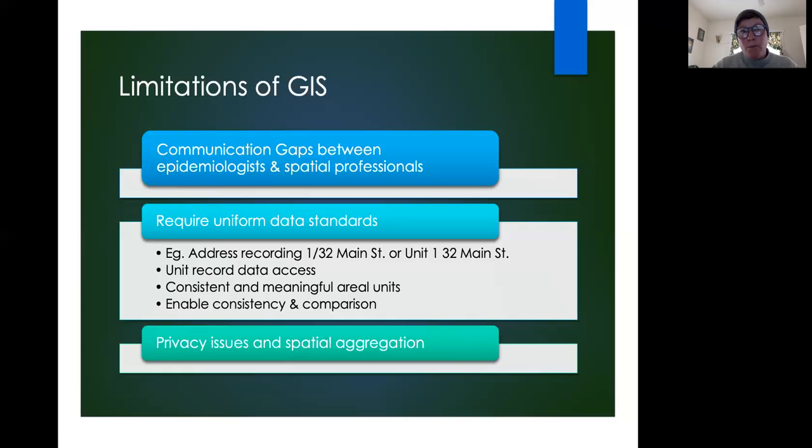This becomes a problem with smaller areal units, like a small neighborhood. If your spatial aggregation only collects neighborhood data, it's over a small enough area that it might be easier for people to identify whose health data that is, and that becomes a privacy issue. So people making these maps have to think about protecting the people whose data they're representing, and that's really important to consider.